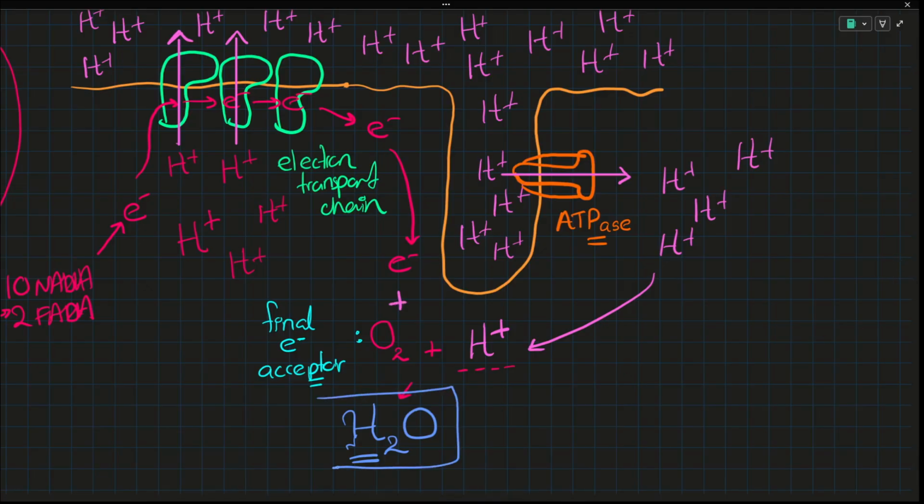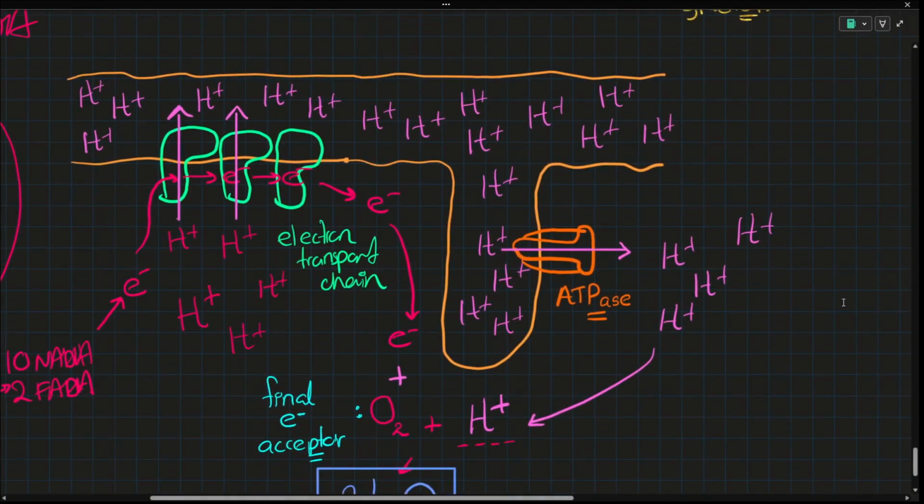Now that is complete. We get our final water like this. Let's box that in. Right here, this is what is happening. The only way these H pluses can actually return to the inner mitochondrial matrix is via this ATPase enzyme. Now, why exactly do we need these protons to return?